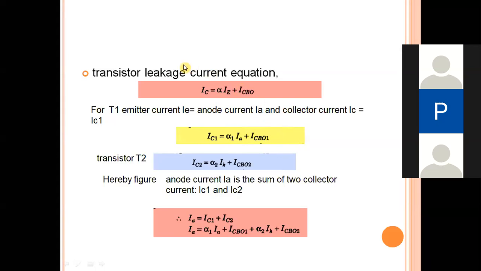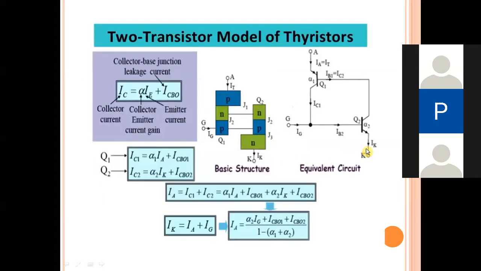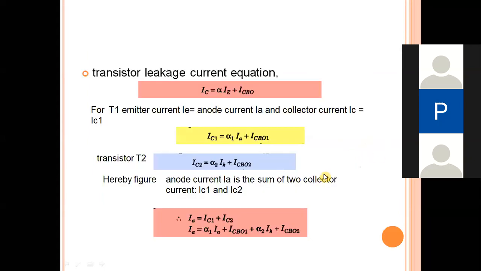Similarly, considering the leakage current for transistor 2, you are going to get IC2 is equal to alpha 2 into IE. What is IE for this transistor 2? The emitter current for transistor 2 is nothing but the cathode current IK, isn't it? Simply substituting IK in the place of IE, plus ICB02.